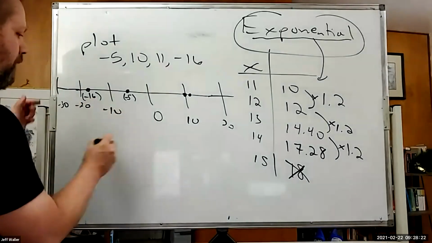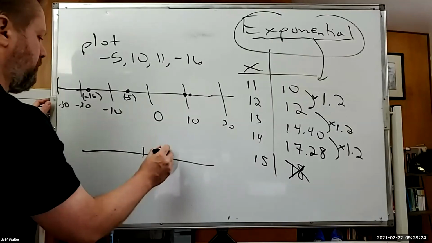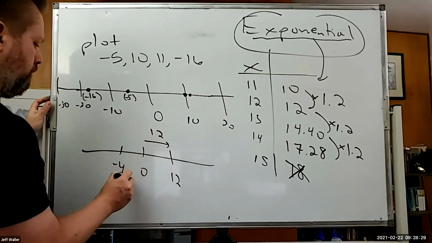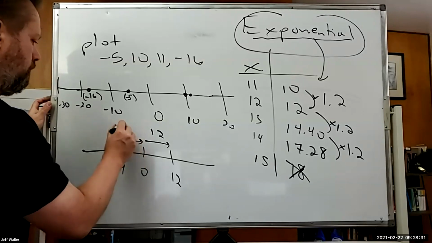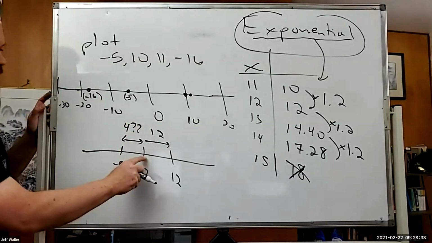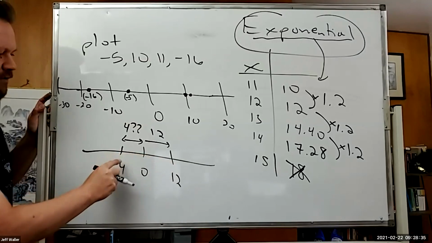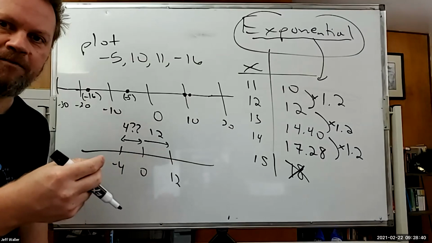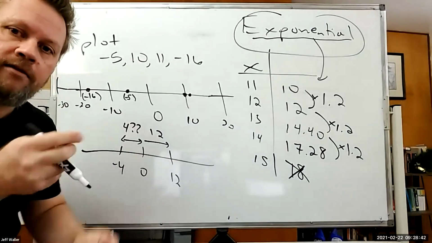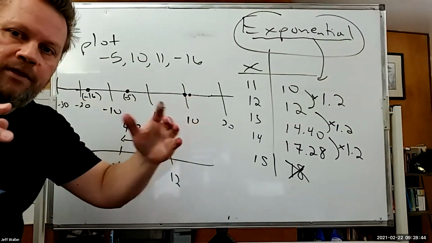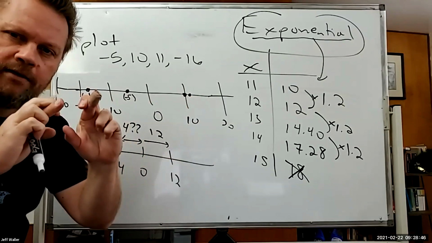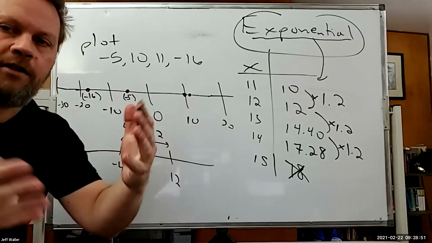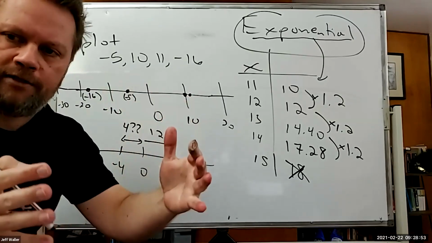So if you get your homework back and you see me saying something like this, you're saying that a step is 12, but then a step here is 4. No. Every step has to be consistent, or else you are lying. Things are not relatively where they're supposed to be. And I don't mean lying like you're purposely trying to lie. I'm just saying if somebody looks at your graph, it's not accurate.